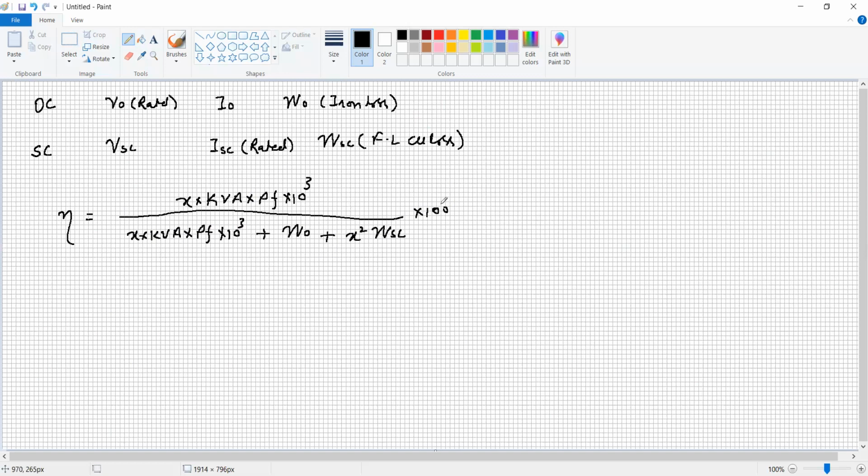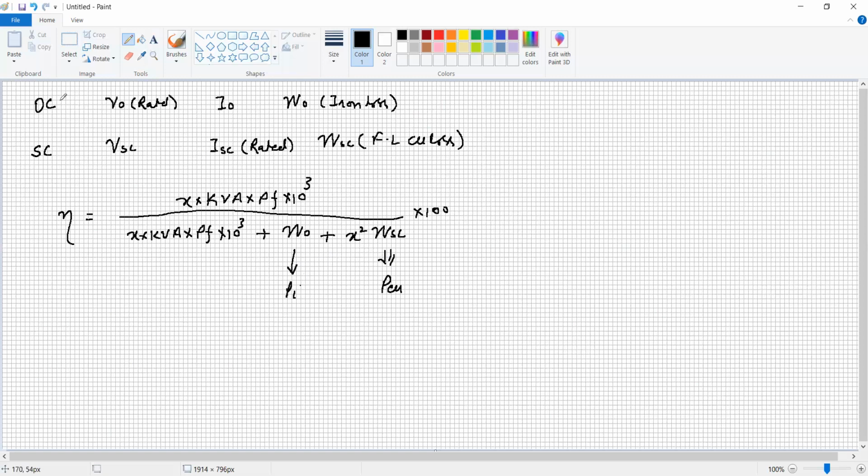Here WSC is nothing but the PCU, and W0 is nothing but the PI. So by the open circuit test and short circuit test, we can determine the equivalent circuit parameters, voltage regulation, and efficiency at any desired load.